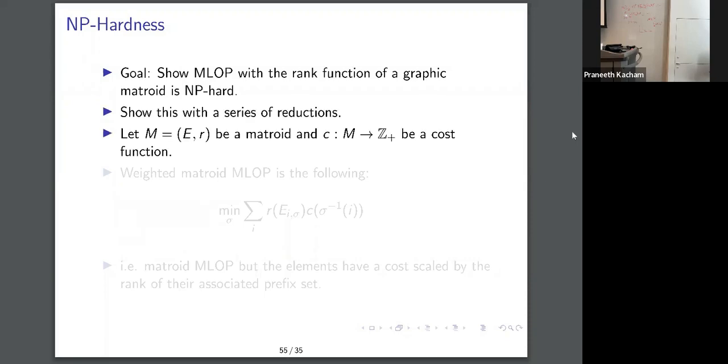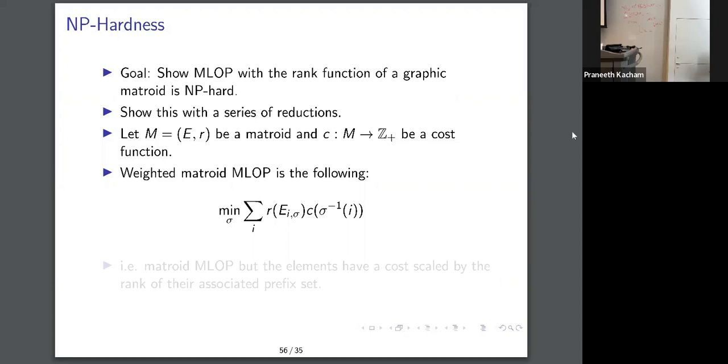So how do we show that? Let's look at what happens to the graphic matroid. We are going to order the edges such that the function over them summed over all prefixes is minimized.